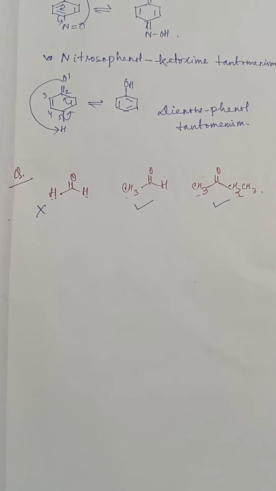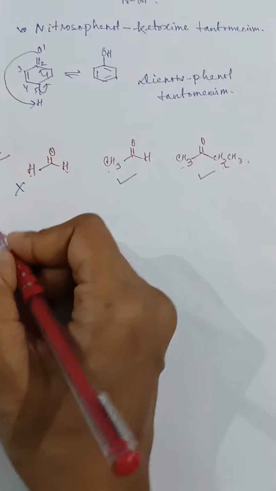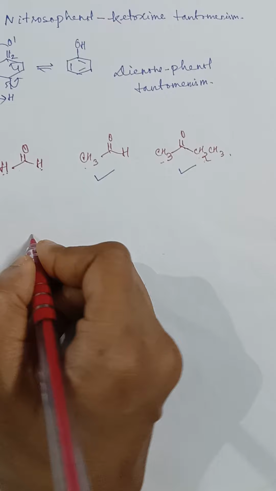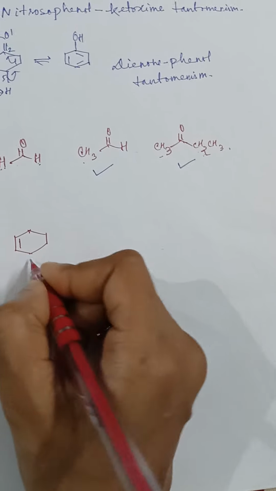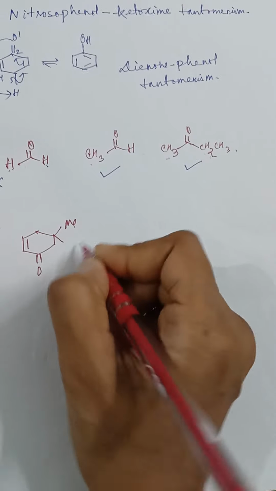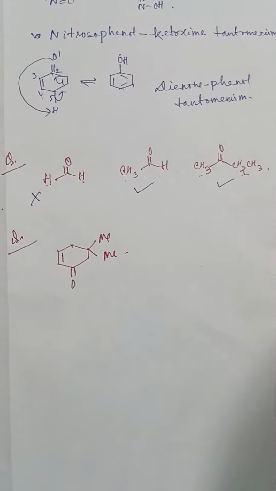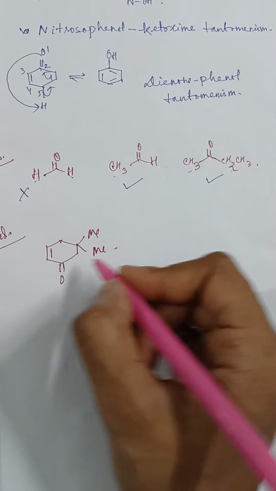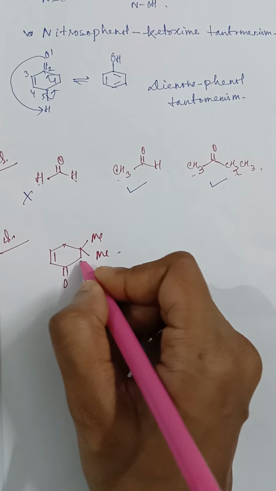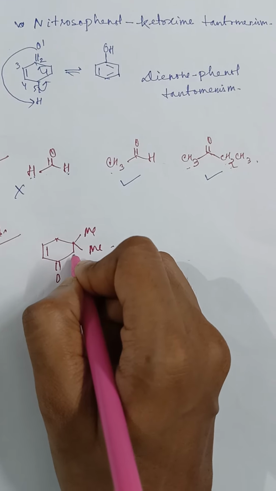And another kind of question also comes in exam. Suppose this compound, they will give you these compounds to confuse you, no? This is methyl, this is also methyl. Whether this compound shows tautomerism or not. Now you see, it has alpha carbon, alpha hydrogen, so it will show tautomerism.